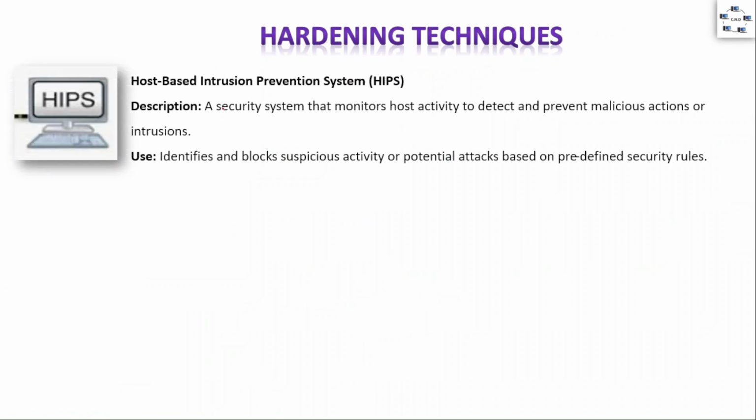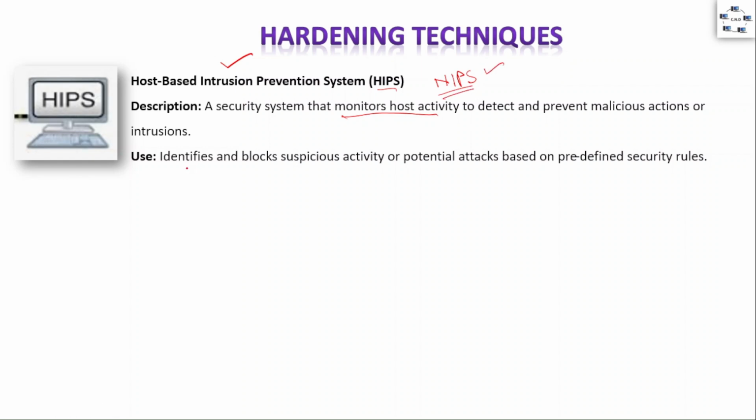The next hardening technique is the host-based intrusion prevention system, which is a security system that monitors host activity to detect and prevent malicious actions or intrusions. Again, this is a host-based intrusion prevention system. There is also the network-based intrusion prevention system, or NIPS, which monitors the whole network.